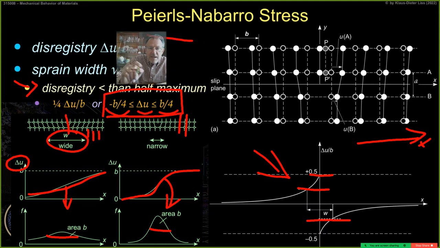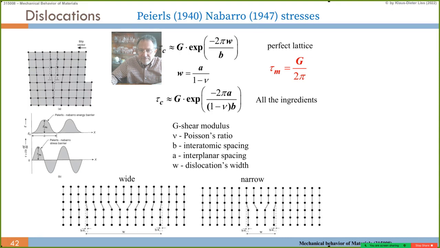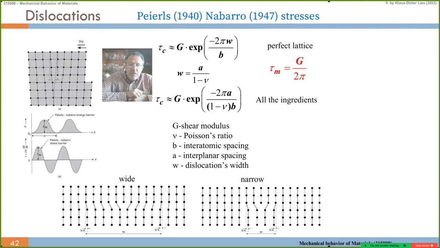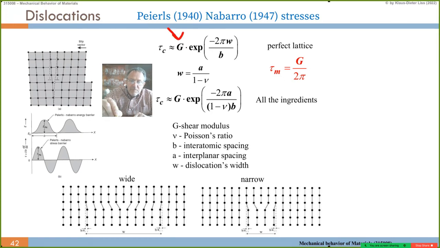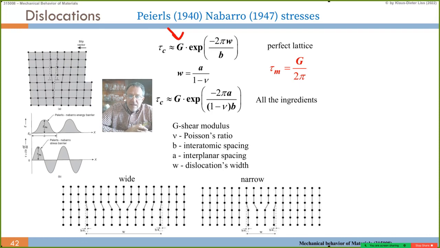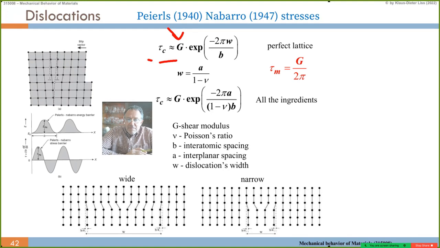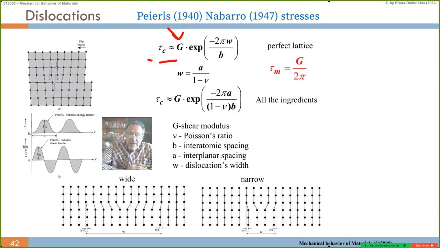So this is not a strain, this is a stress we are introducing here. And from the strain we can go to the stresses by using the shear modulus. And now we say we have this behavior for a perfect lattice: tau c is approximately G times e to the minus 2 pi W over b.